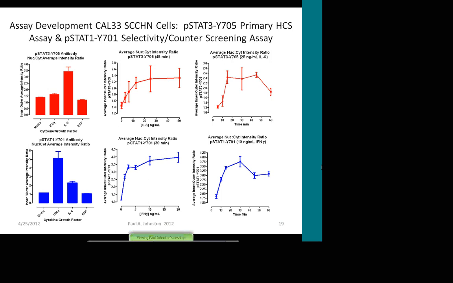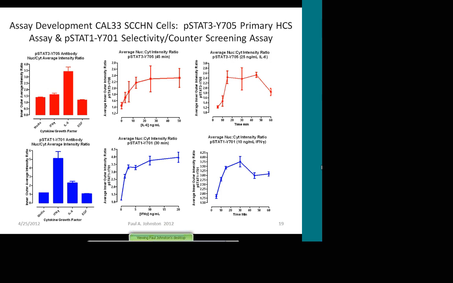Okay, here's some assay development and optimization experiments that we did for both the phosphotyrosine STAT3 and the phosphotyrosine STAT1 assays. We're looking at the ability of different cytokines, interferon gamma, IL-6, and EGF to induce STAT3 activation and the same cytokines for inducing STAT1 activation.